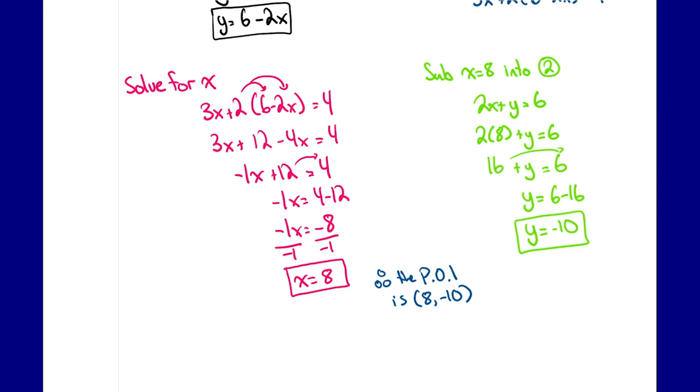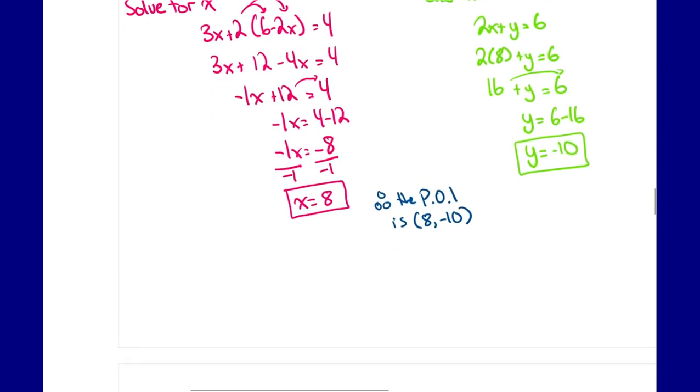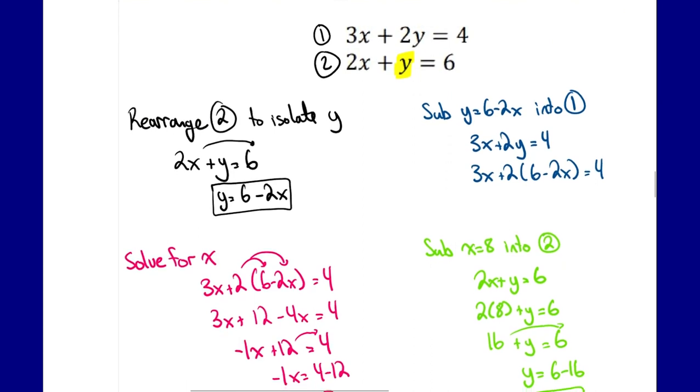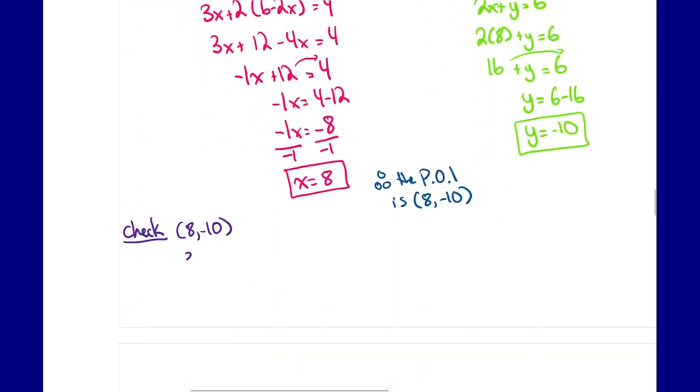If we wanted to, we could again plug these values back into our two different equations. Let's do this quickly. So check. So we're going to have 8 and negative 10. So I'm going to take each equation. So the first one, 3x plus 2y equals 4.